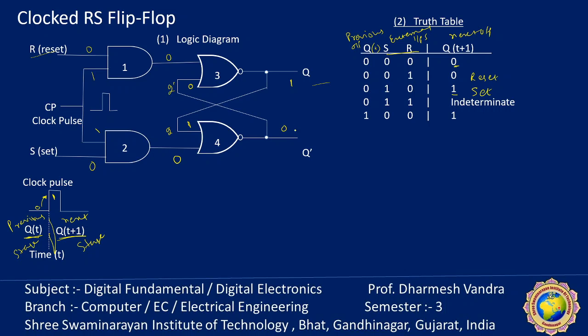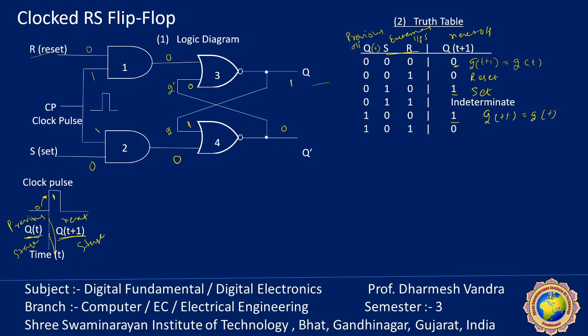Due to this, the output remains the same as the previous state. Here in this condition Qt plus 1 equals Qt. Here also Qt plus 1 is equal to Qt.